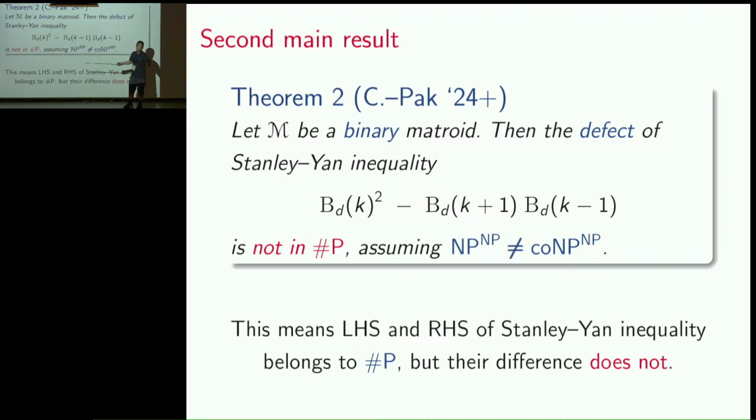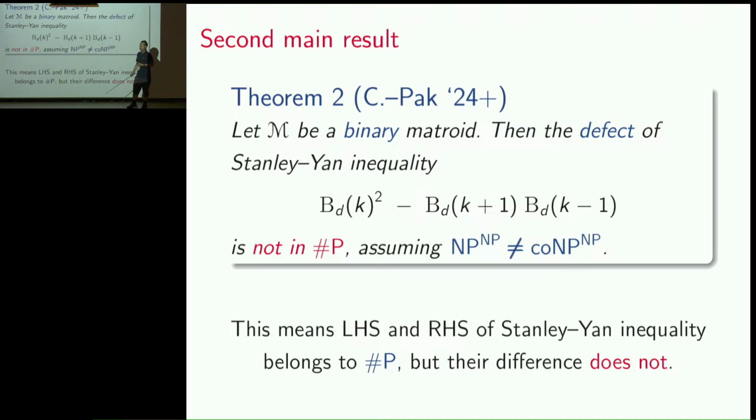Then yes, we cannot do anything. But in this case, the two numbers here are actually already not very big because they're in sharp P, but the difference, which is smaller, which intuitively should be simpler to compute, somehow actually becomes harder to compute.